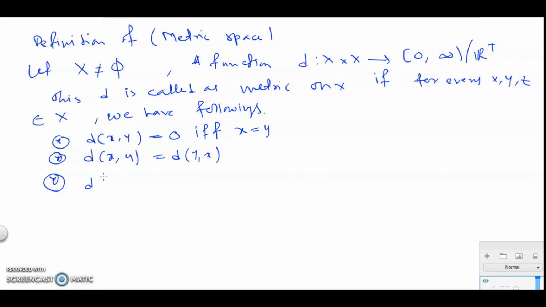That is, distance between x and z is always less than or equal to distance between x comma y plus distance between y comma z.